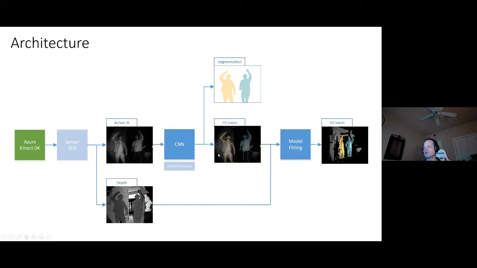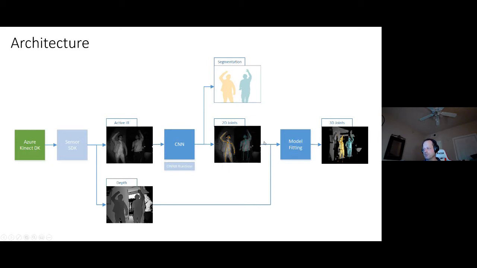For information, for regular web cameras there's also an ONNX model you can just download, Google for it, or Bing for it, that gives you 2D joints if you want to write little apps that don't need a Kinect device, and it gives you segmentation maps. Now this is still two-dimensional. Well, here the depth image comes to the rescue, and it knows all about the distance from the camera in space.